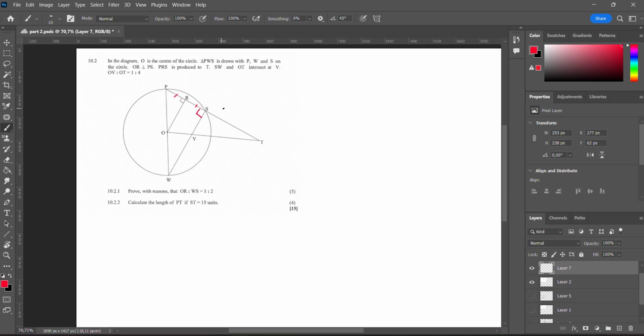So I think, yeah, you have triangle PWS drawn with P, W, S on a circle.